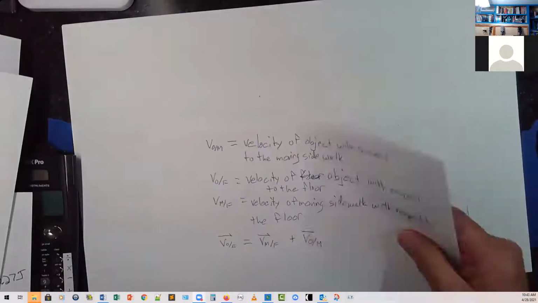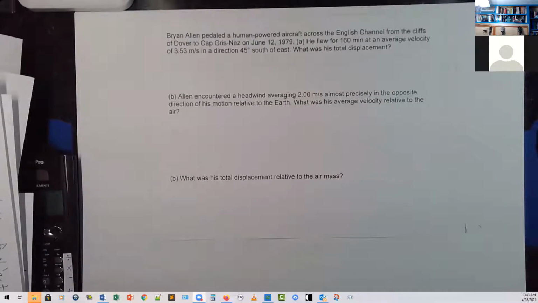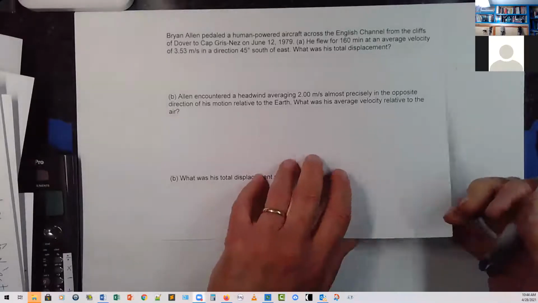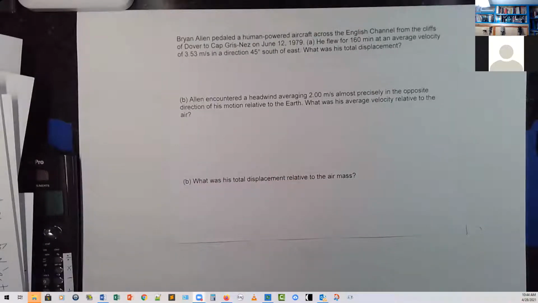So let's try one out. We'll start off with what seems like a two-dimensional problem, but it's really kind of a one-dimensional problem. I don't know if I have any flight students in here, but this is something that people who fly have to take into account.